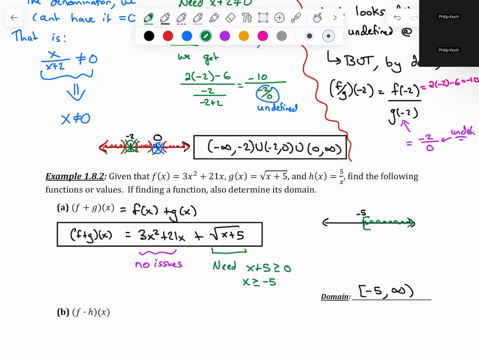Ben? That's what I was going to ask, the inside has to be positive, right? That's why we're setting it at -5. Exactly right, because we need to make sure that square roots have real values in them. If this was a complex analysis class, the answer would be everything, because even if you get negative numbers on the inside of square roots, those are just complex numbers, and that's okay in a complex analysis situation, but that's not what we're interested in here.